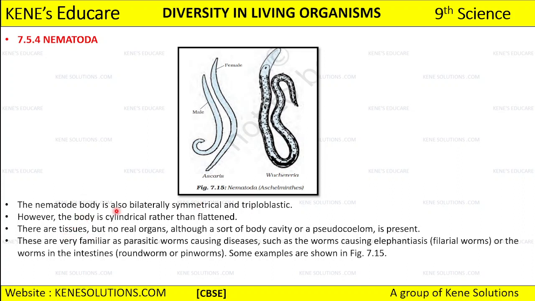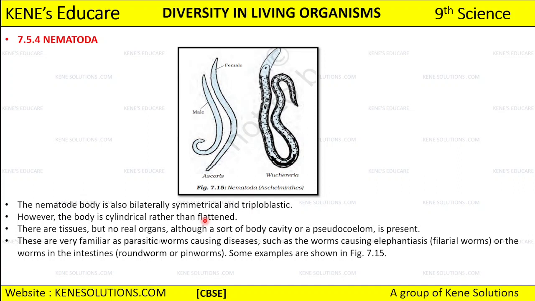So nematode ka body is going to be bilaterally symmetrical, as well as triploblastic, that is, made up of three layers. However, the body is cylindrical rather than flattened. You will see that the body of this nematoda, that is Ascaris and Wuchereria, if you look at the diagram, is cylindrical rather than flattened.